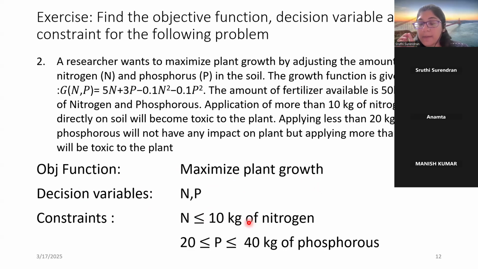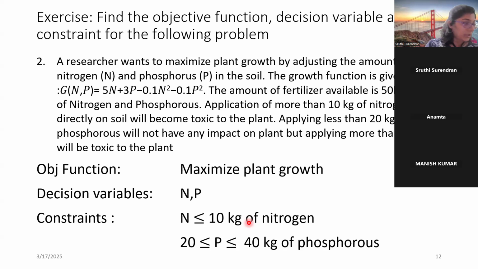So either you can apply 0 or you can apply some amount up to 10 kg. You cannot apply anything more than 10 kg. In case of phosphorus, there is no point applying less than 20 kg. So it should be either minimum 20 kg or greater than 20 kg, but less than or equal to 40 kg.